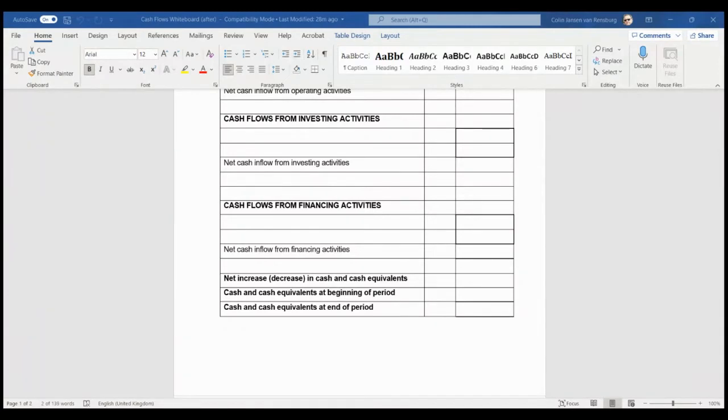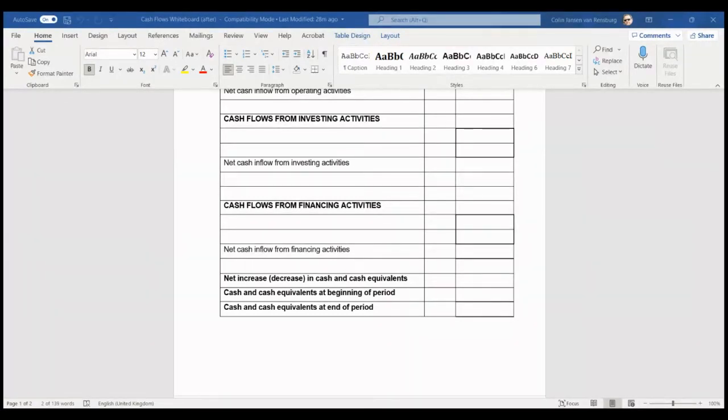Is it the buyback of ordinary shares, which will result in the outflow of cash? That last part, which will result in, you don't have to type that. You just need to say, let's maybe look at another example. The redemption of redeemable preference shares. Right, so we've got to say what happened to it.